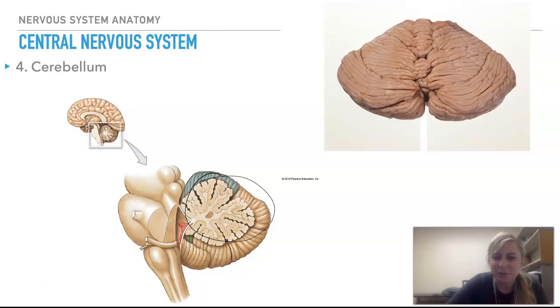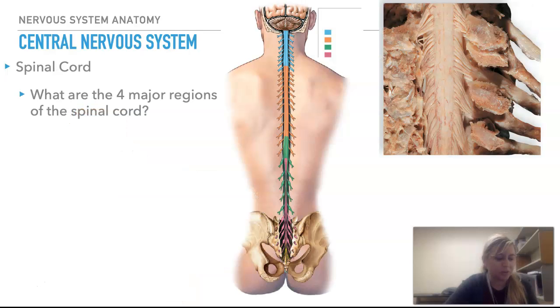Okay, the last thing that we're going to look at in this mini lecture is a quick introduction to the spinal cord. The spinal cord is about 18 inches long, and it's also made up of gray and white matter. Over here we can see an actual human spinal cord. To orient yourself, you can see that there's been a laminectomy where they have sawed through the lamina of the vertebrae to expose the spinal cord.